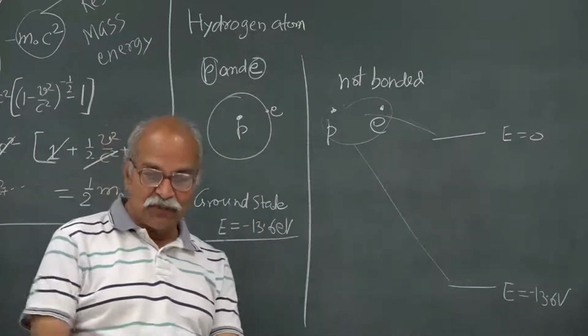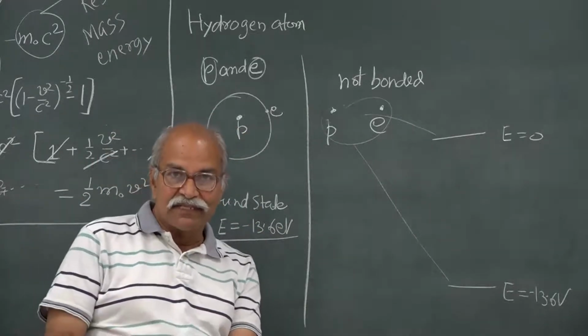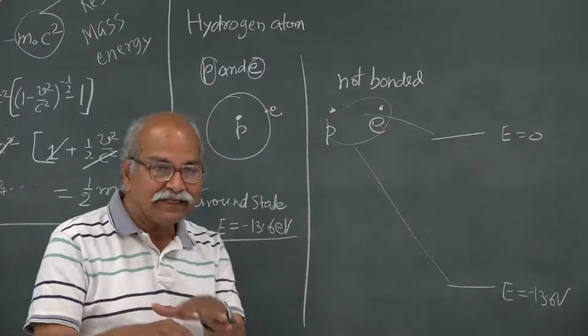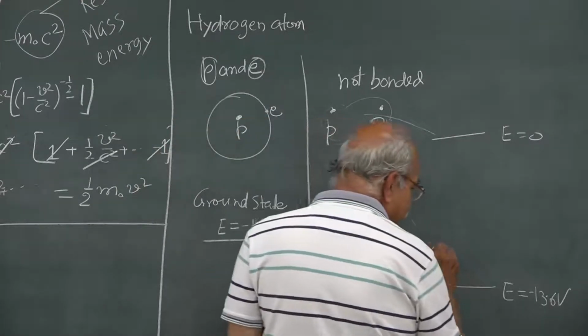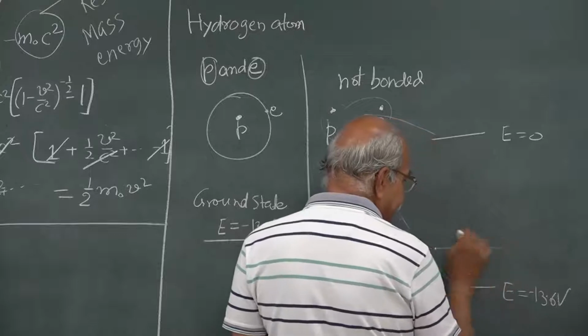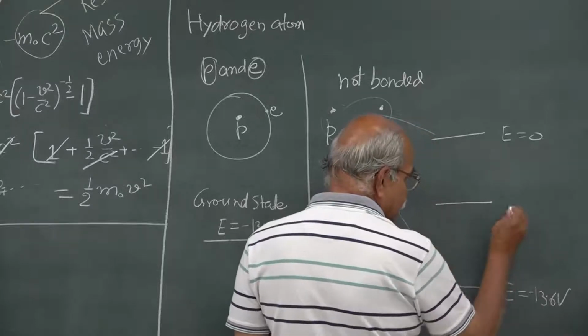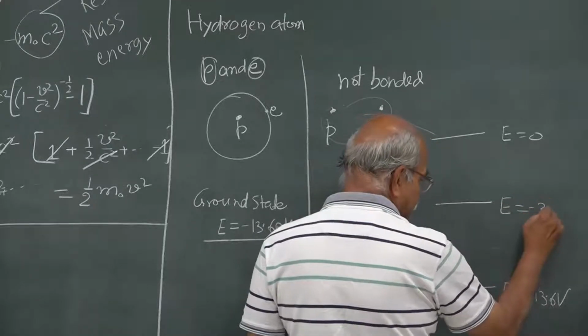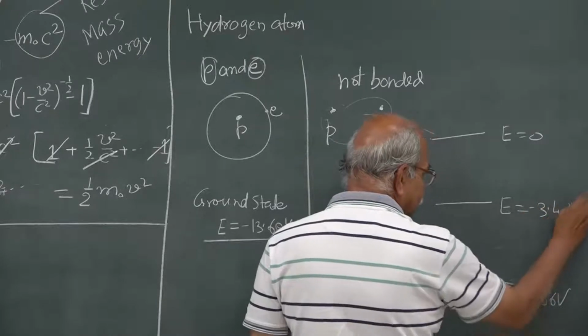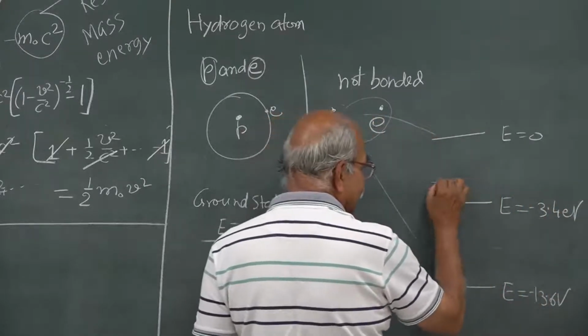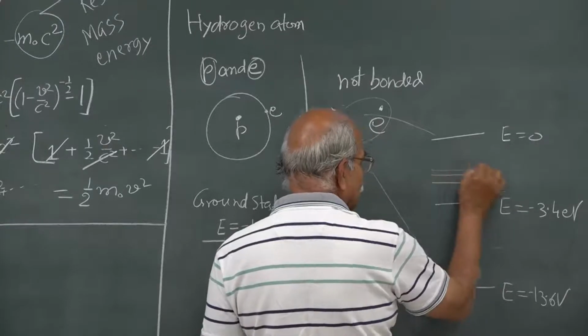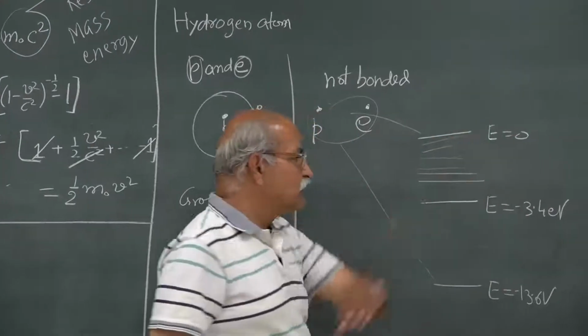So you can have the ground state, the first excited state, the second excited state. In the first excited state, the energy is minus 3.4 eV. Then you have the second excited state and third excited state and so on, and finally you have E equal to 0.